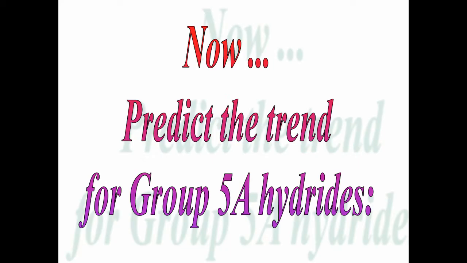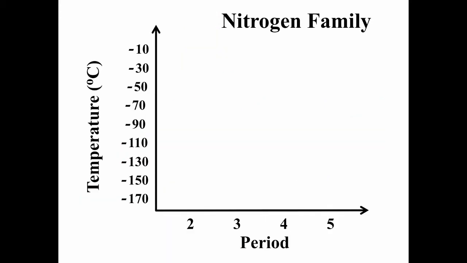All right, well, let's try that with another group, this time the group 5 or 15 hydrides. So this is going to be the nitrogen family, and we have NH3, PH3, etc. So there's PH3, AsH3, and SbH3. So we're going to progressively larger and larger molecules. Central atom surrounded by three hydrogens. There will be a lone pair.